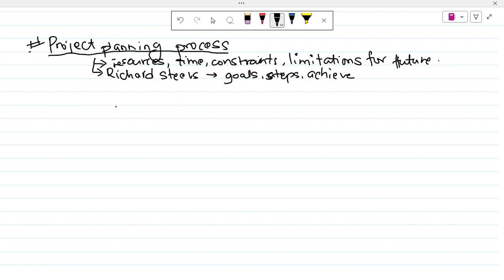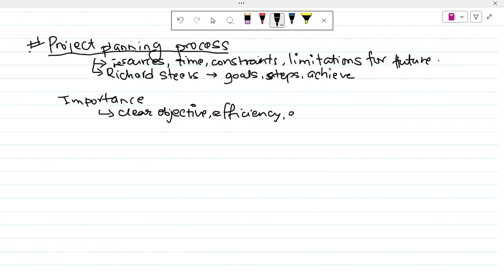Because it gives us clear objectives. We deal with the efficiency of the project, economy of the project, economic situation of the project. Risks and uncertainty are dealt with and analyzed.